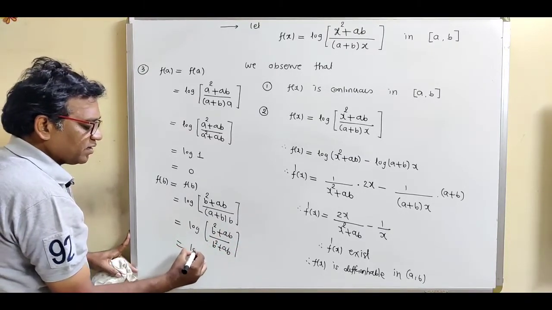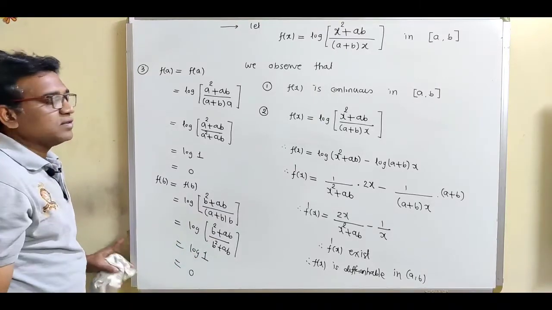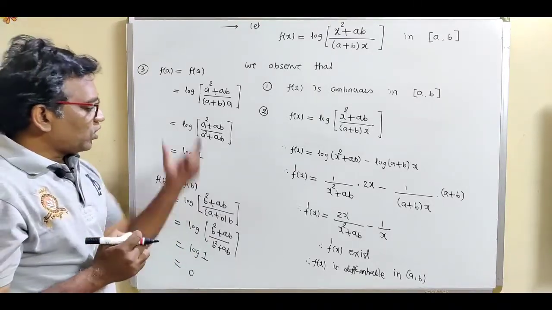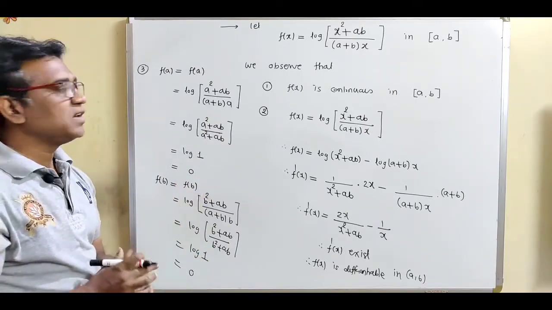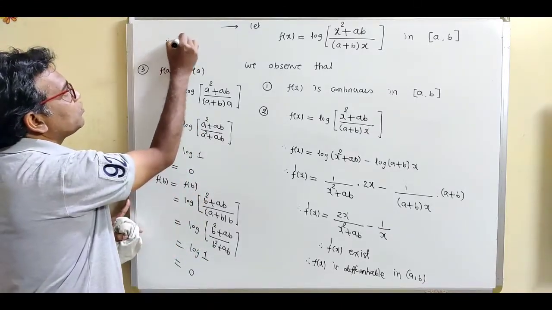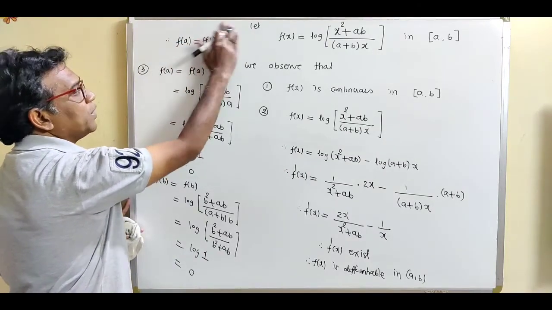Numerator and denominator are the same, so they get cancelled, and it is log 1. The value of log 1 is 0. So what is our third observation? The value of f(a) is 0, the value of f(b) is again 0. So f(a) is equal to f(b).